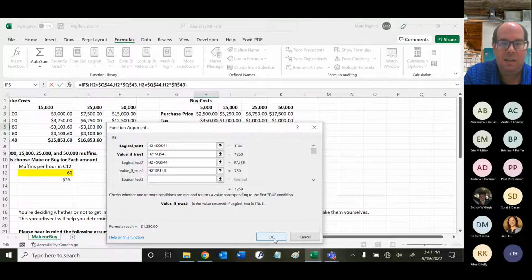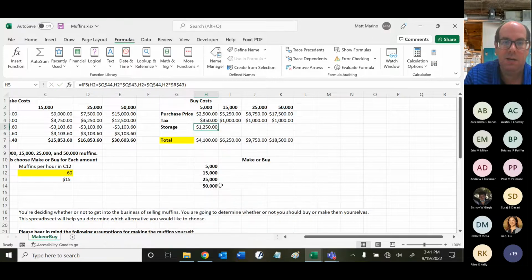So everybody has that set up like this, and we can click OK. So once you click OK, you should get 1,250, and autofill it across: 2,250 for 15,000 muffins, 3,750 for 25,000 muffins, and 7,500 for the 50,000.